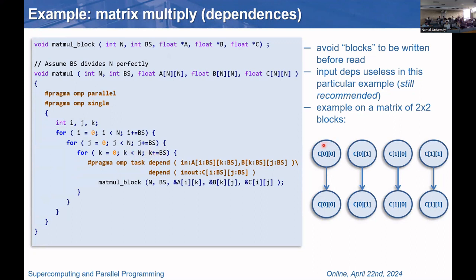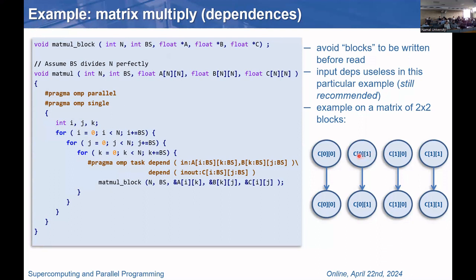On the first iteration, it will go to C00. On the second iteration, it will also go to C00. Okay, so the second iteration will depend on the first one. Then you will move J to J plus BS. Actually, this is a good point, because that would not be 0, 1, but it would be 0, BS.